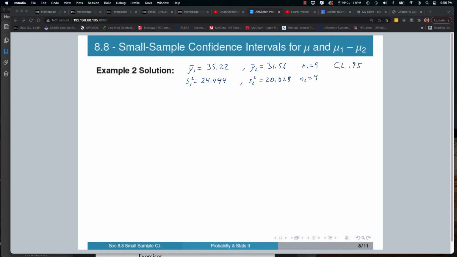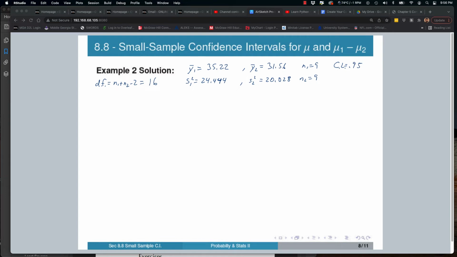All right. So the degrees of freedom for our test is going to be n sub 1 plus n sub 2 minus 2. So it's basically 18 minus 2, so we get 16 for our degrees of freedom.